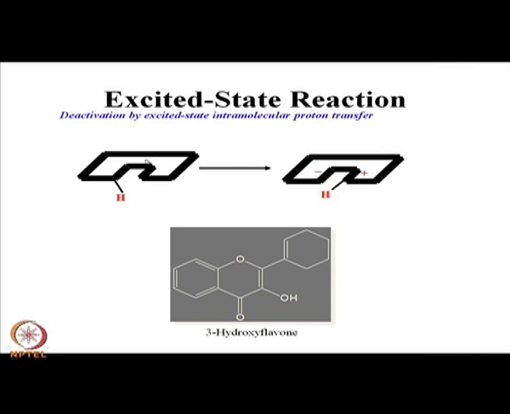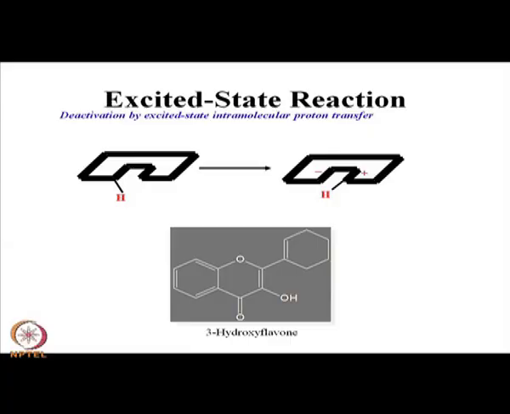Okay. Now, it is basically the deactivation by the excited state intramolecular proton transfer. So, you have got the excited state of the molecule, and then this molecule gets deactivated by various means. It can undergo deactivation by a radiationless transition, okay, and that leads to coming back to the ground state of the molecule.